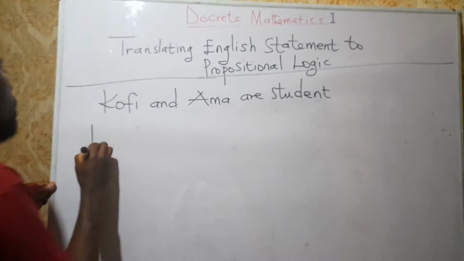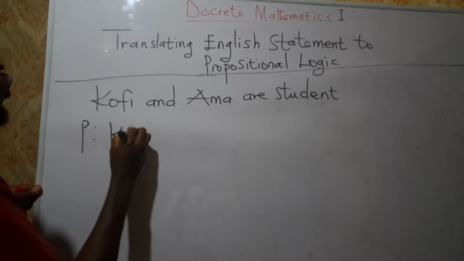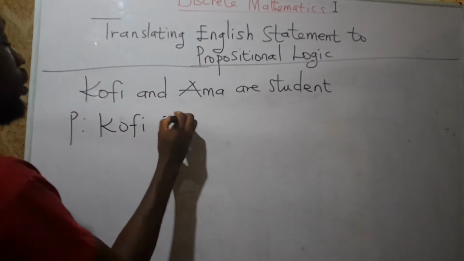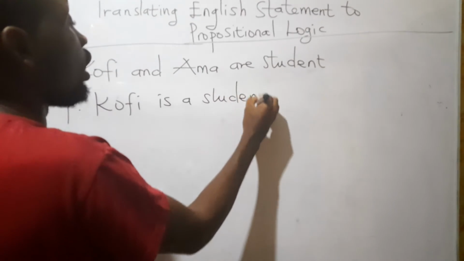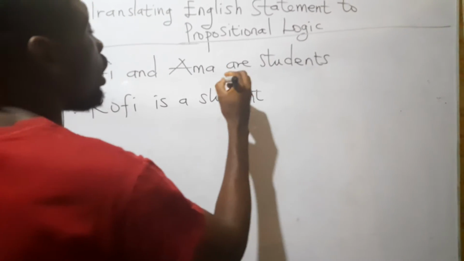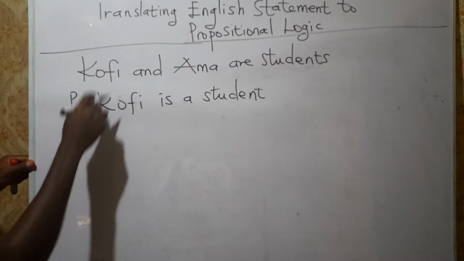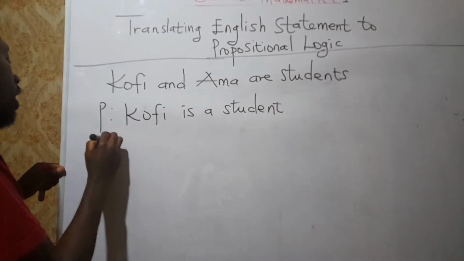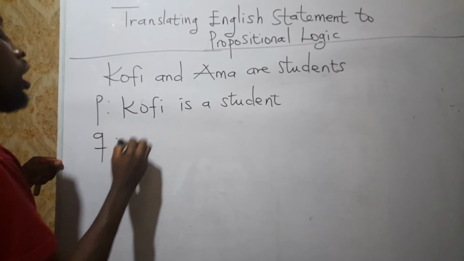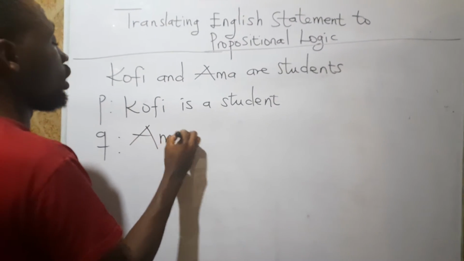And one will be P, Kofi is a student. This will not change the meaning of the statement. As far as Kofi and Amma are students, then Kofi is a student. And we can say Q, Amma is a student.